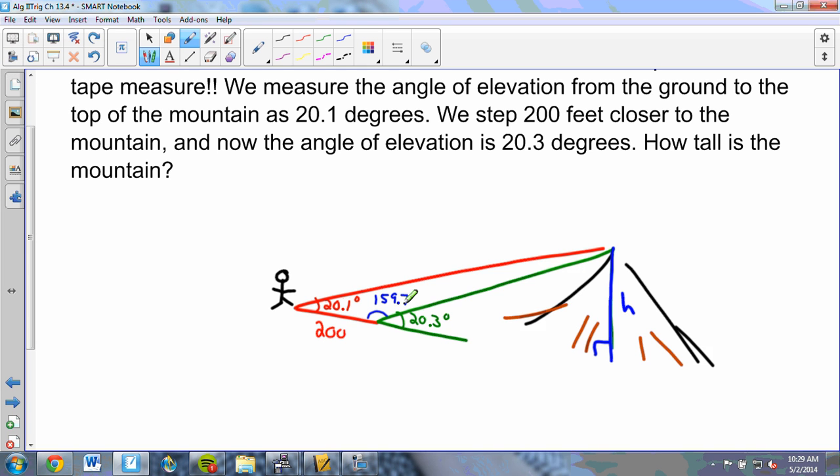Now you can figure out the third angle in that triangle. So if this is 159.7, this is 20.1, that's 179.8. So this is 0.2 degrees.